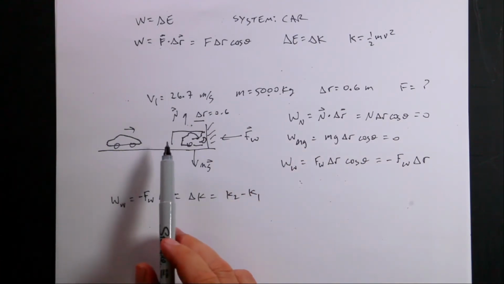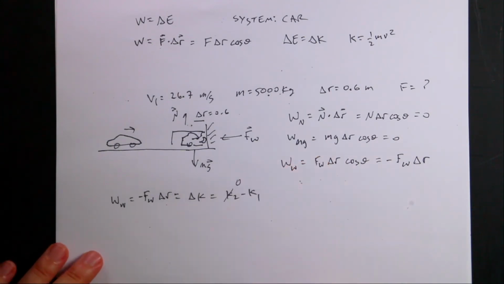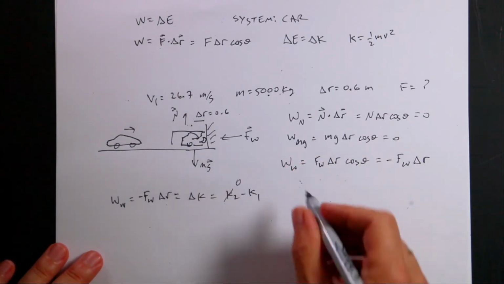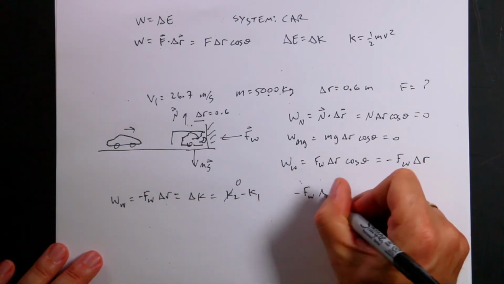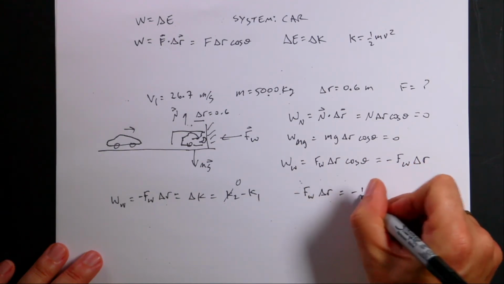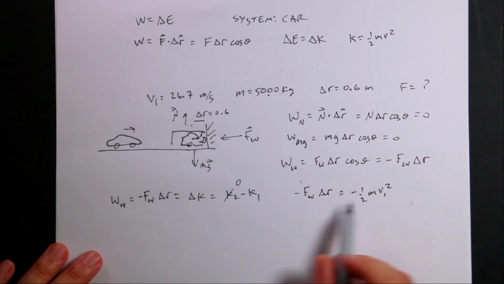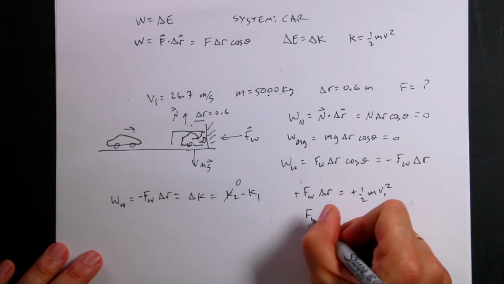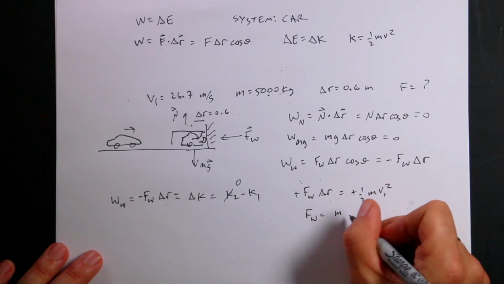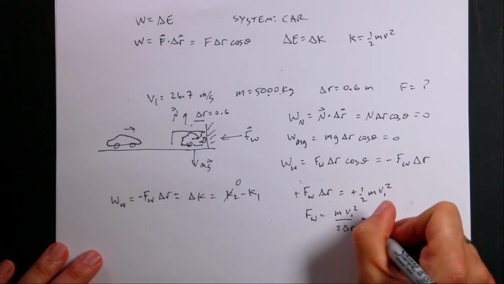Now, if it crashes, the final kinetic energy is 0. It stops. So now I can put in my value for K1. I get negative F wall delta R equals negative 1/2 mv1 squared. Now I just want to solve for F wall. So the negatives cancel. F wall equals mv1 squared over 2 delta R.